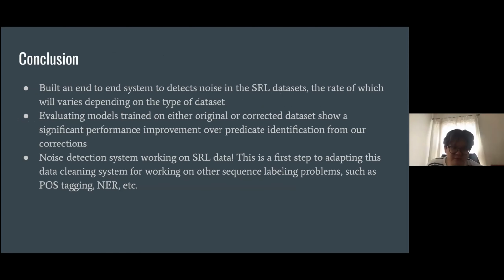So in conclusion, for our whole project, we built an end-to-end system that detects noise in our SRL dataset, and the rate of which would depend on the type of dataset it is and how large it is.